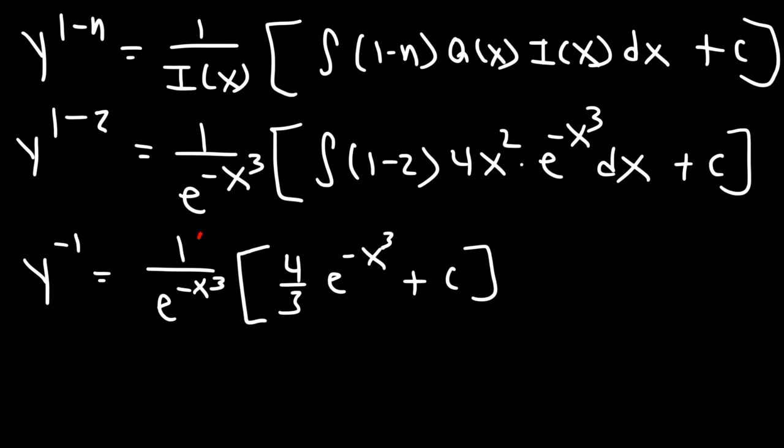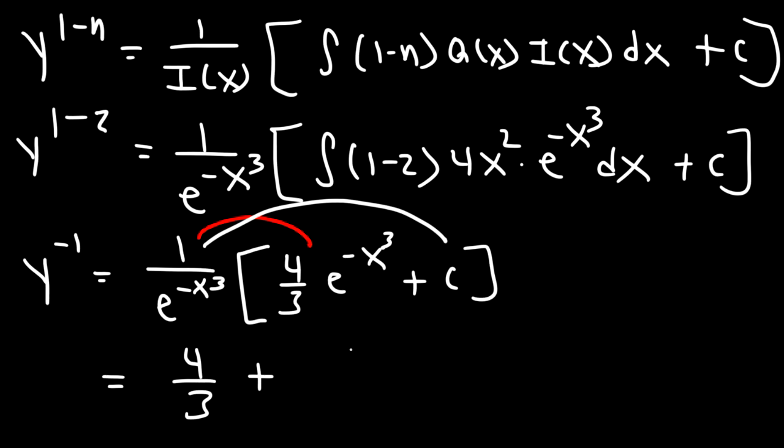So if we multiply it to the first one, e to the negative x cubed divided by e to the negative x cubed, they will cancel. And so this is just going to leave behind 4 over 3. And then if we distribute to the constant c, it's going to be c over e to the negative x cubed. And so y to the negative 1 is equal to all of that.